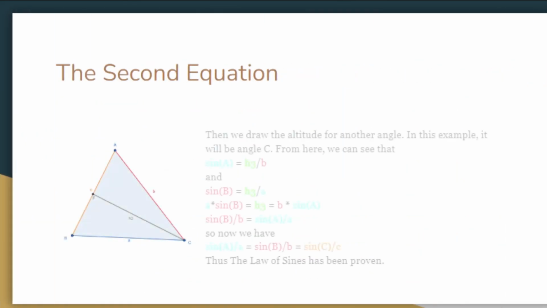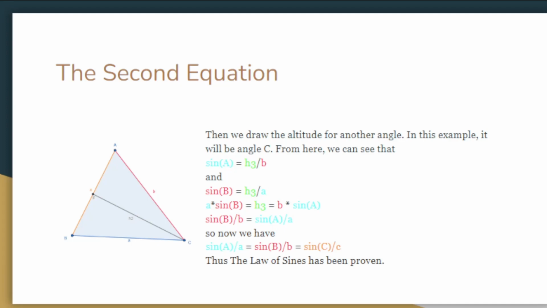We draw another altitude, this time from angle C, to find that we can repeat the process for another side.